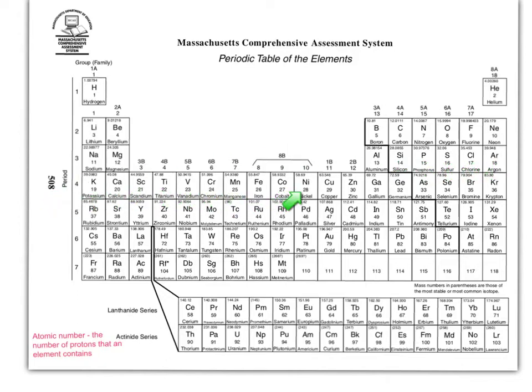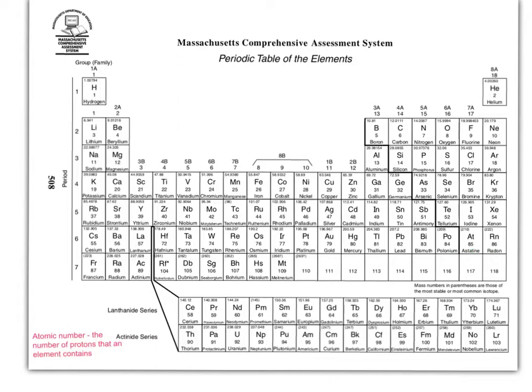So there is a real trend here for the periodic table in terms of protons. In fact, there is such a pattern here that we actually can say that the periodic table is organized according to atomic number. That is a key point.